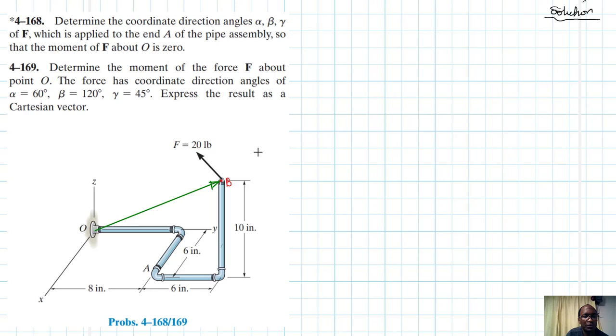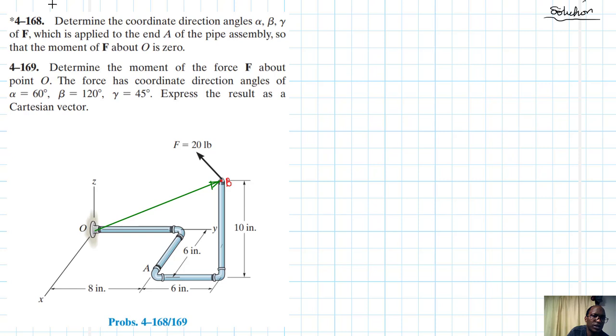For me, I'm going to use the vector method. So what do you think we are supposed to do in the first case so that we have the moment about point O equal to 0?